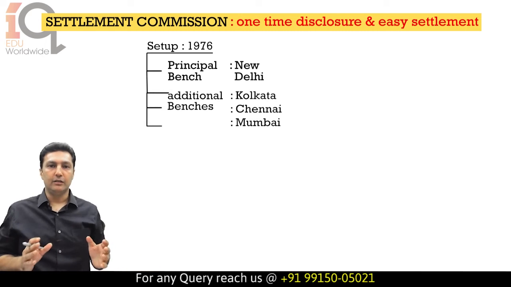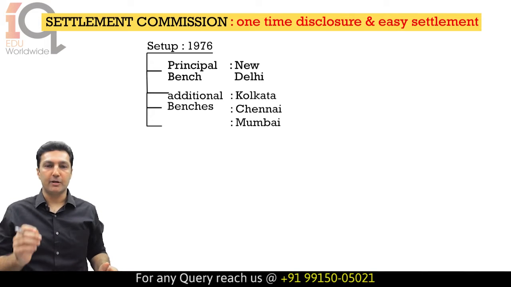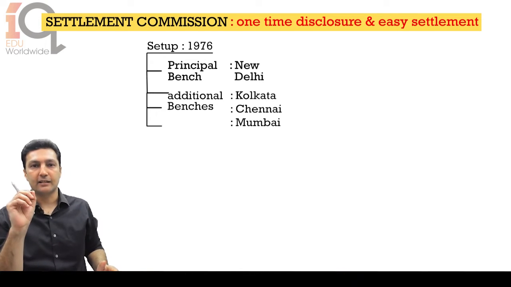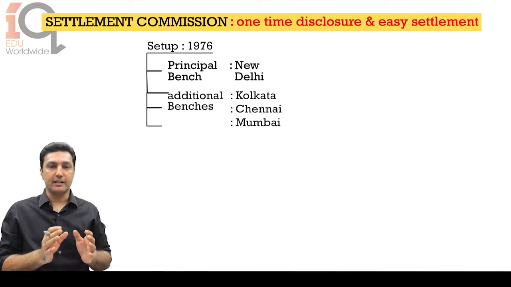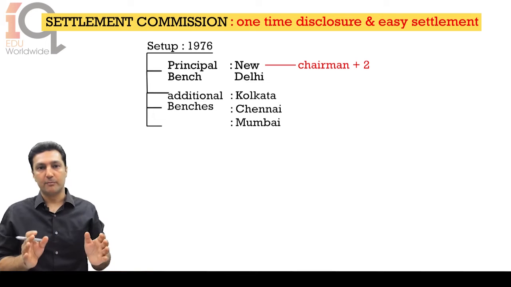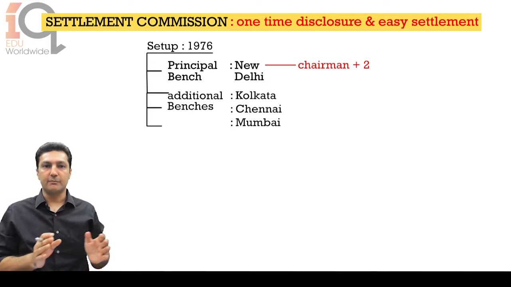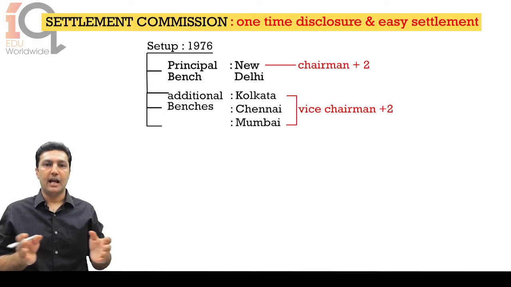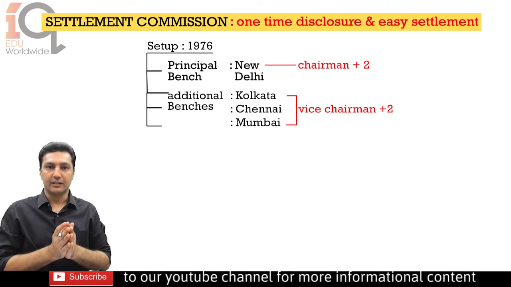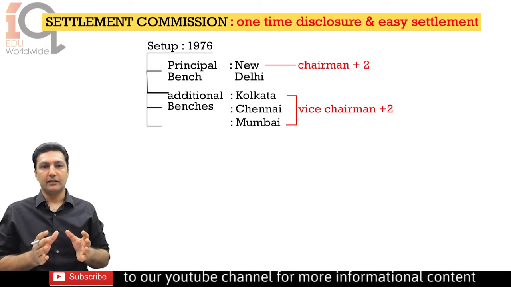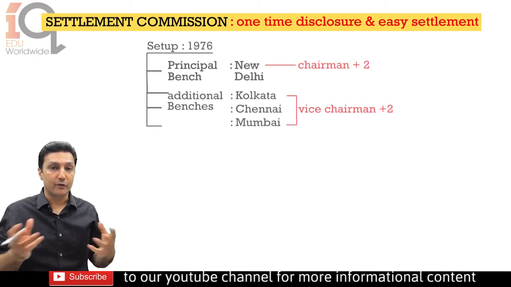The power to form the settlement commission came under 245B of the Income Tax Act. The principal bench consists of the chairman and 2 members, and each of the other 3 benches will consist of the vice chairman and 2 other members, which are secretary level. You'll have the director general, who will be supporting the chairman and the vice chairman in settlement of cases.